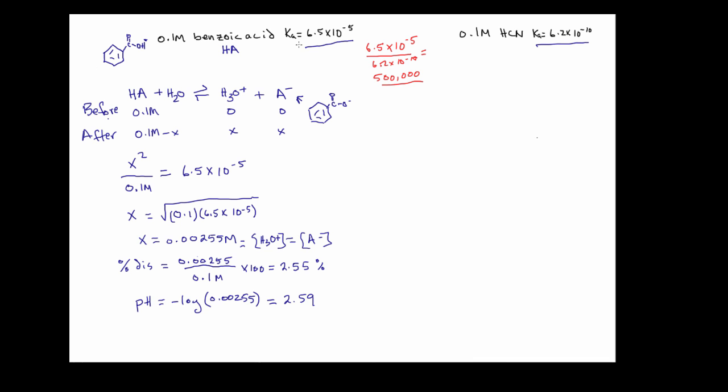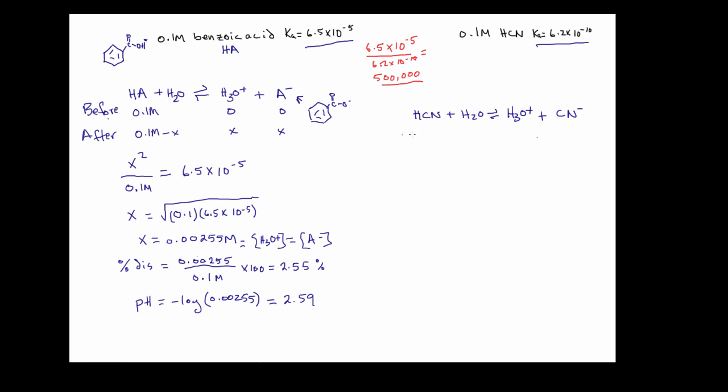All right, so now let's deal with the other part of this, and that's going to be the hydrocyanic equilibrium. So we'll go ahead and write the equilibrium expression for this. And remember that the situation here is that the benzoic acid equilibrium is dominating this.